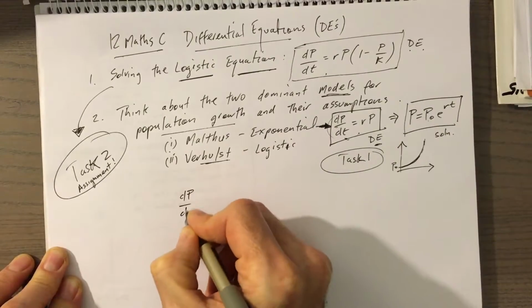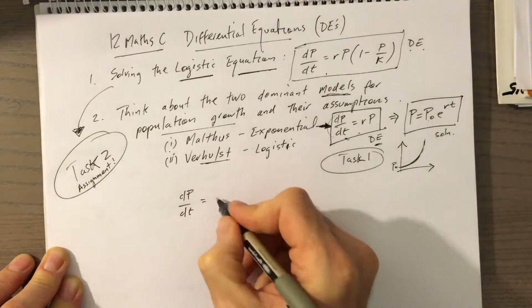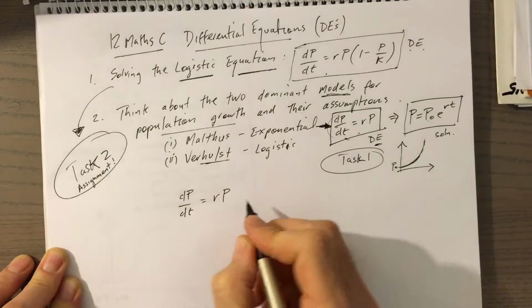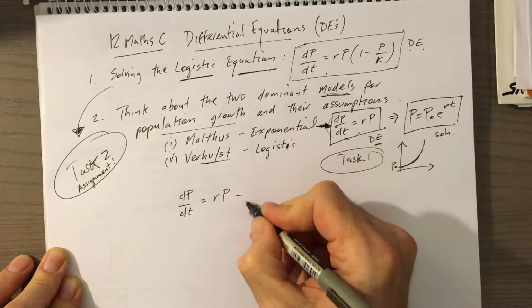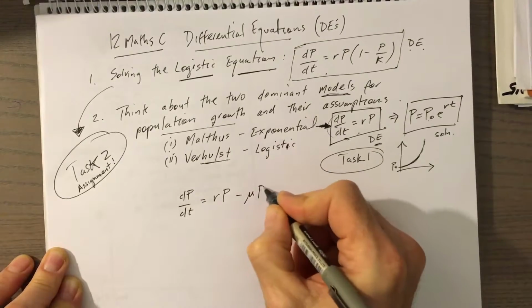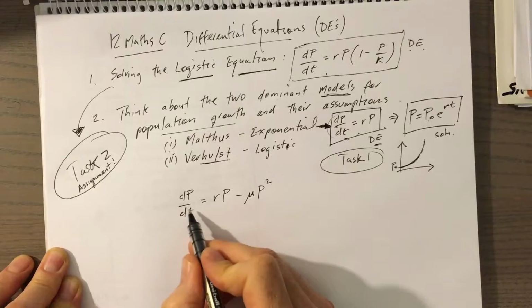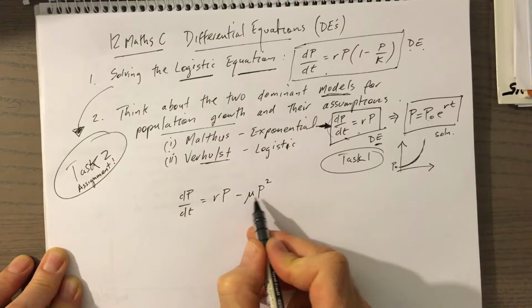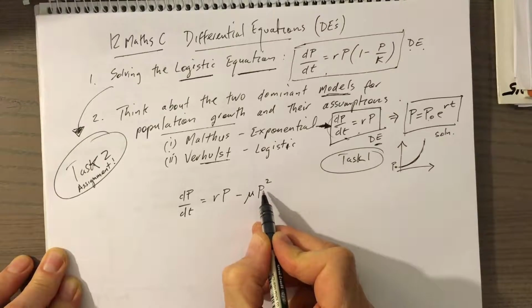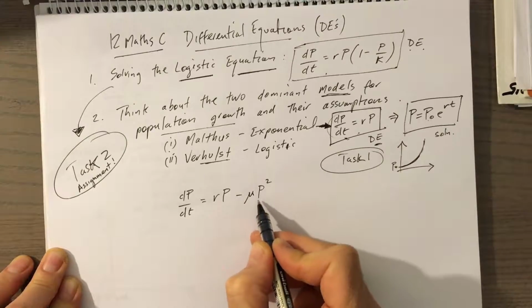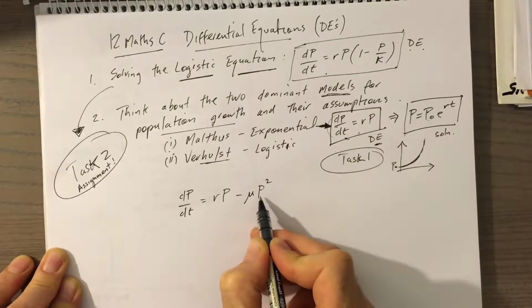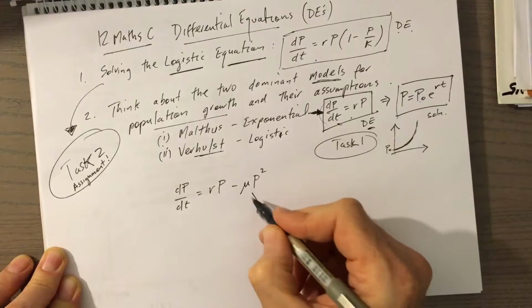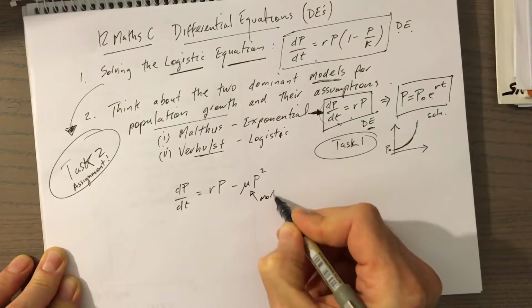He said that the rate of population growth was indeed proportional to the population at any time, but he also put in this mortality constant called mu, and he's saying that the decrease in the population based on this mortality constant was proportional to p squared. Okay, so what we find is when the population gets sufficiently large, it will start to level off, okay, based on this mortality constant. So this thing here, mortality constant.